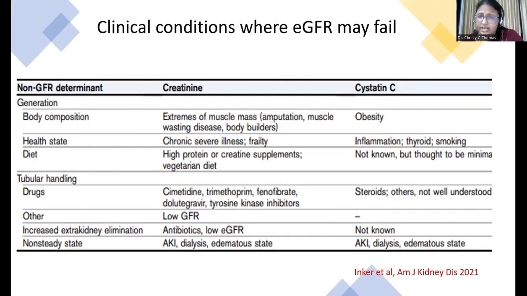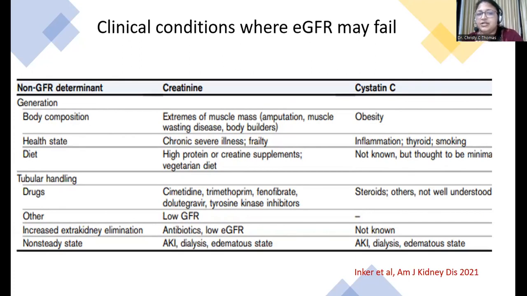As we routinely use the eGFR estimation to calculate GFR in patients, we should know the clinical conditions where the eGFR may fail. For creatinine: in case of extreme muscle mass, chronic illness, frailty, high protein or creatine supplements, drugs that interfere with the tubular handling, and extremely low GFR conditions where there is increased extrarenal elimination of the creatinine.